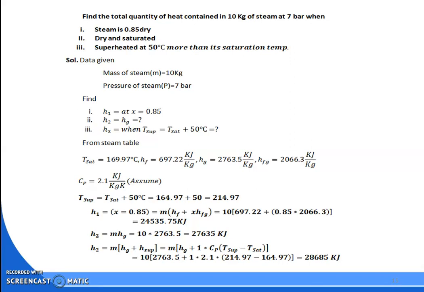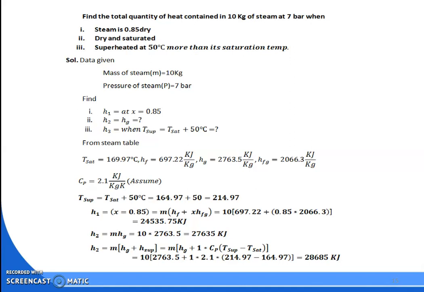H1 is equal to m into hf plus x hfg, that is 10 into 697.22 plus 0.85 into 2066.3, because 10 is the mass of the steam, as given. That is equal to 24535.75 kilojoule.